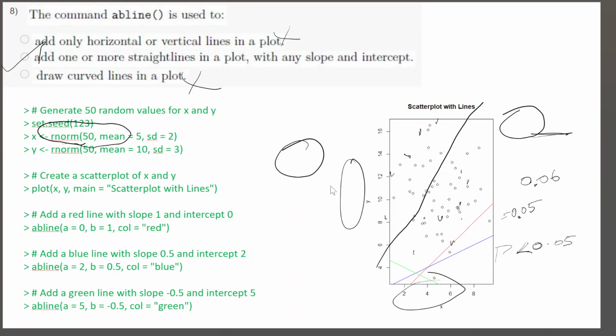I have fed 50 random variables to x and 50 random variables to y with the given mean and standard deviation, which you can see here. I'm just trying to create a scatter plot: plot(x, y, main="scatter plot with lines"). All these points correspond to the scatter plot.